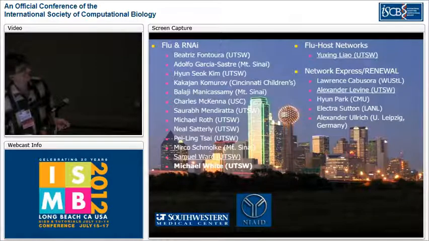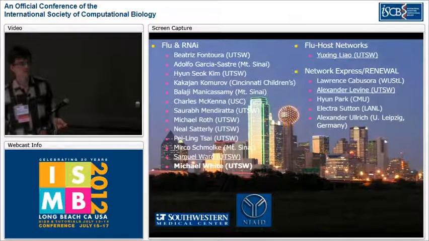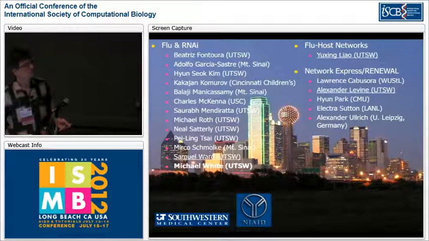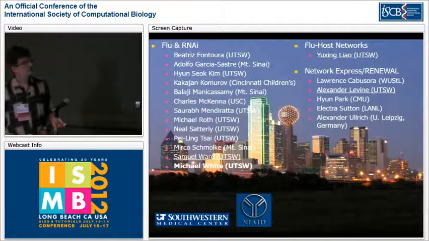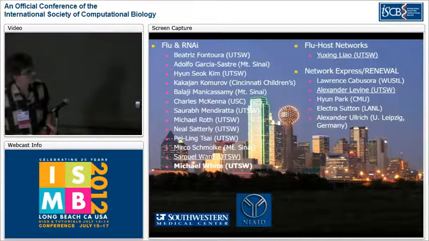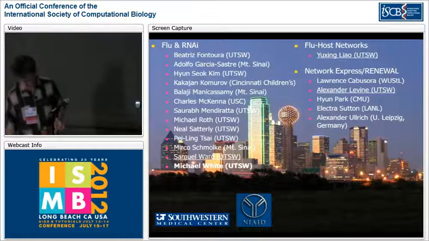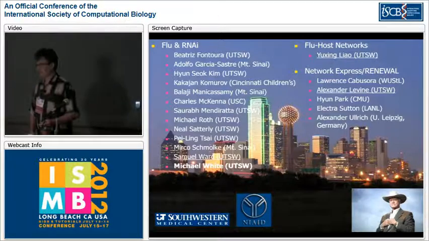My student, Yuxing Liao, did the combination and statistical analysis of the published RNAi screens and combined them with our RNAi screen and did the network work. And Alex Levine coded a nice Cytoscape plugin to do all the network analysis. UT Southwestern provided some funds, as well as NIAID. And as you may know, the skyline of Dallas in the background, but this guy didn't really contribute, and I want to thank you for your attention.